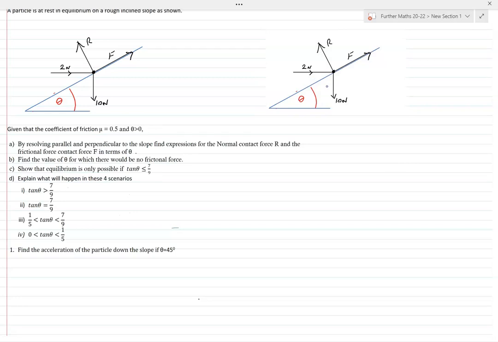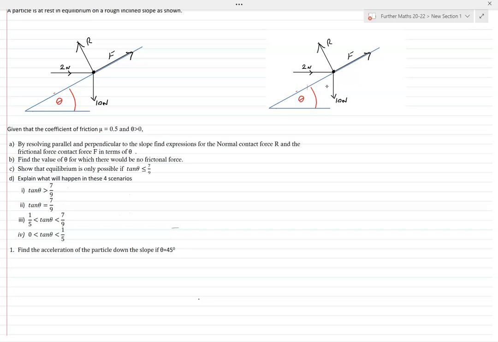So we can almost regard this as a problem where we've got a weight of 10 newtons, mu is equal to 0.5, and an external force of 2 newtons, which is parallel to the horizontal, coming into the slope like that. What happens with different scenarios of theta? If theta takes different values, what's the difference between them? And that's what this problem is essentially about.